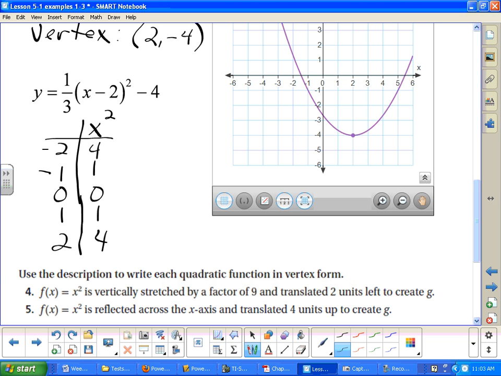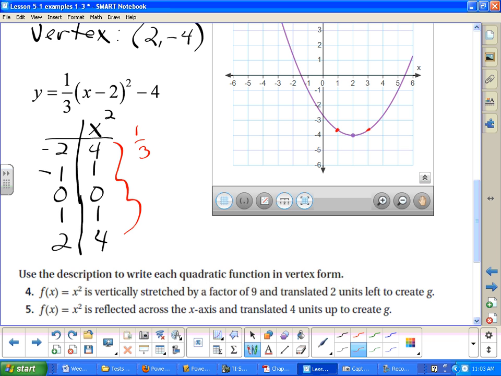But since a is 1/3, I'm taking all of these numbers here, and I'm going to multiply them by 1/3. So if I go over 1, I'm only going to go up 1/3, in both directions.